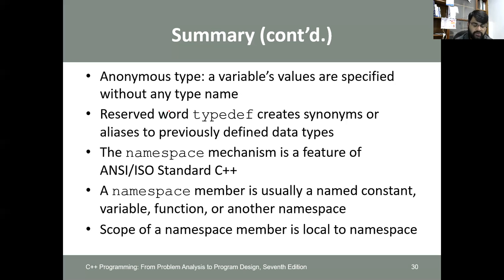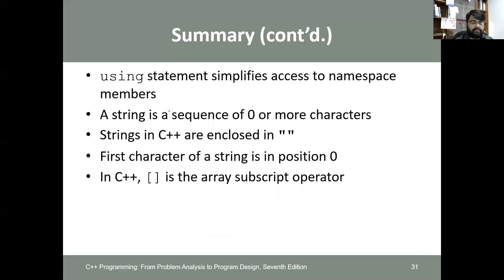Only if you include the namespace somehow, by using a command or by declaring it along with the namespace, can you access the namespace member, as we'll see in the many examples in the code. The using statement simplifies access to namespace members. You write it once, and then you can directly access the members unless there is a clash with a global or a local member of the same block.